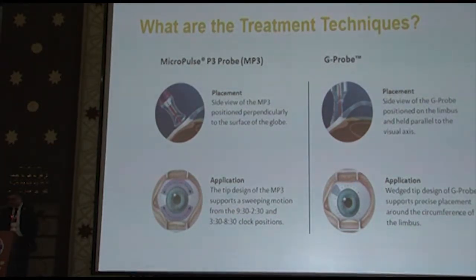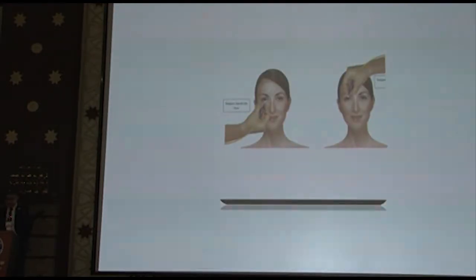The application depends on either one quadrant, two quadrants, or three quadrants of the circumference of the limbus. This is the handle of the handpiece of cyclophotoablation with micropulse laser, using the superior and inferior hemisphere of the globe.